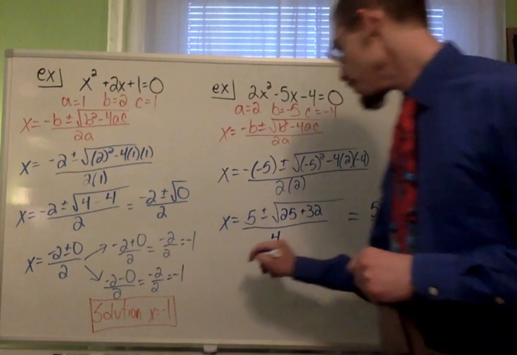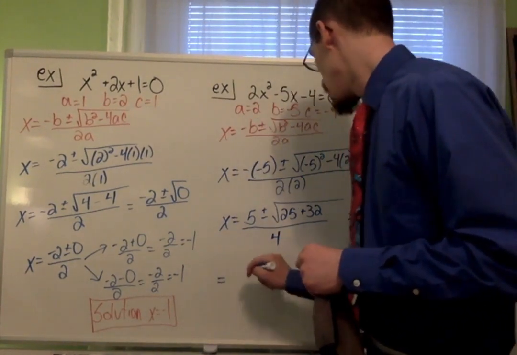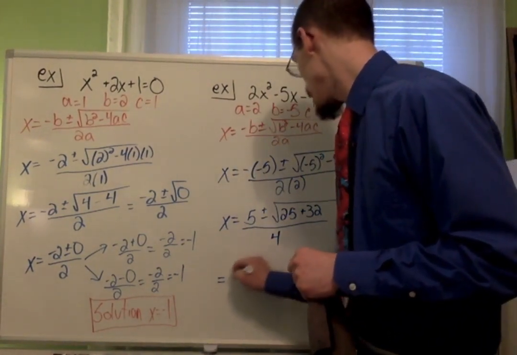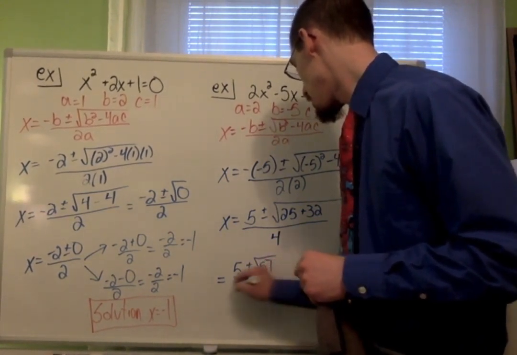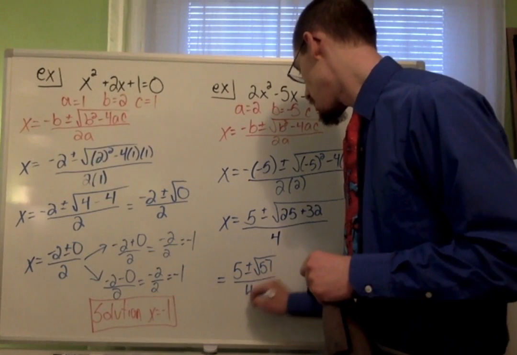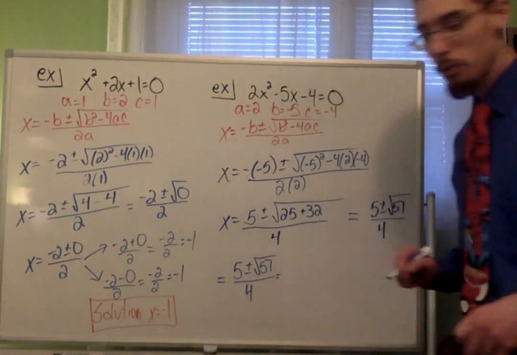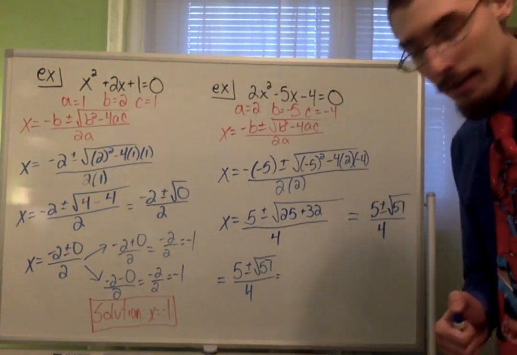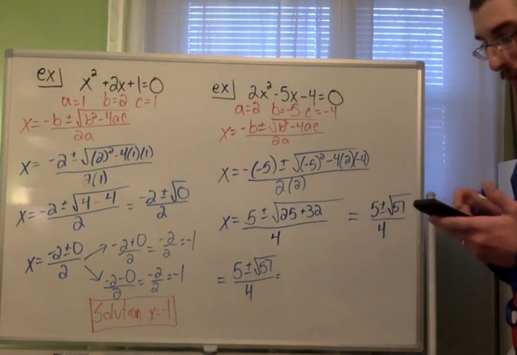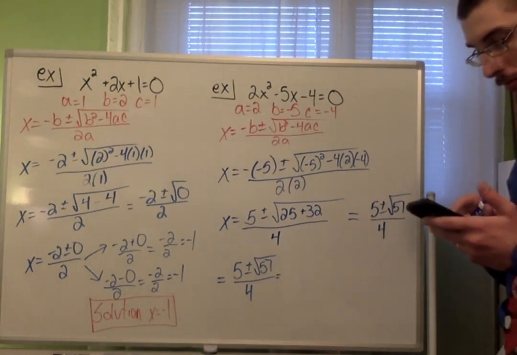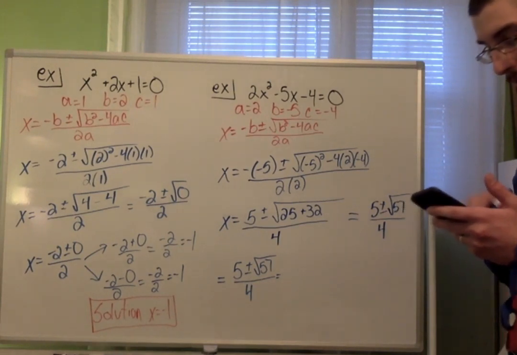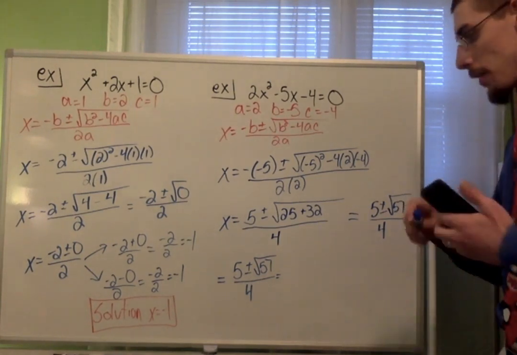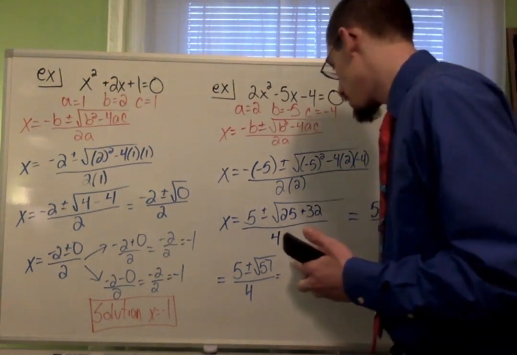So I'm going to rewrite it. So the square root of 57. I'm going to have to put that in my calculator. And that is an irrational number.